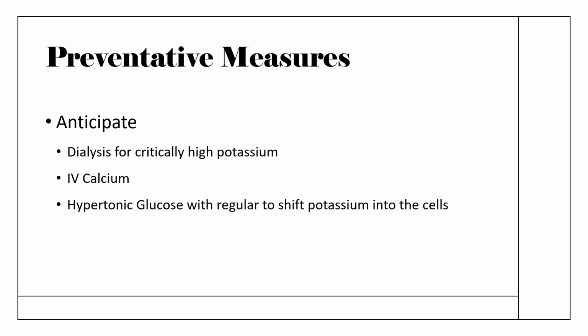We're administering it to a patient that already has high potassium levels, so we want to avoid that by giving fresh blood, because fresh blood hasn't started breaking down yet.